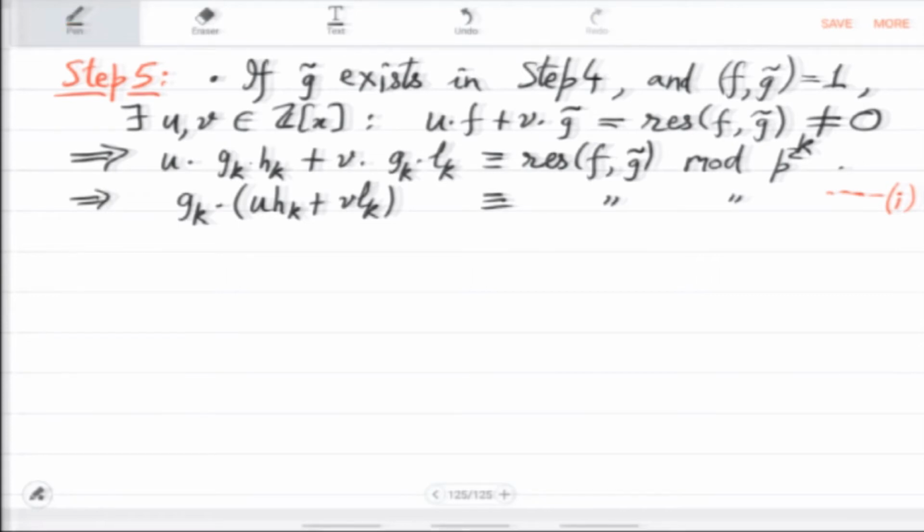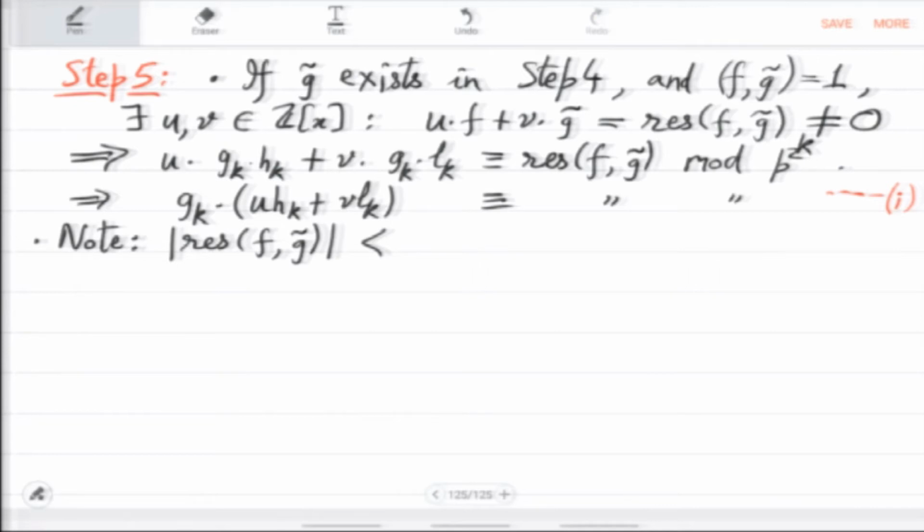When is it 0? What does it mean? So note that the resultant, what is the magnitude of this resultant number?